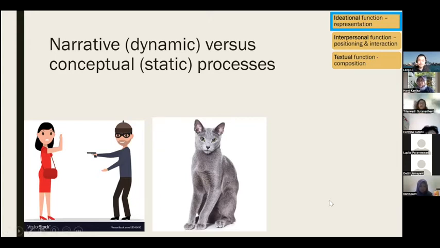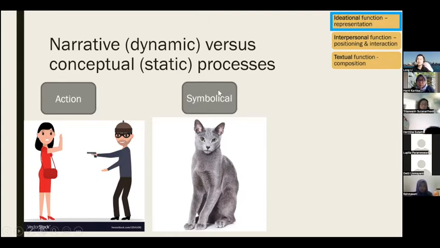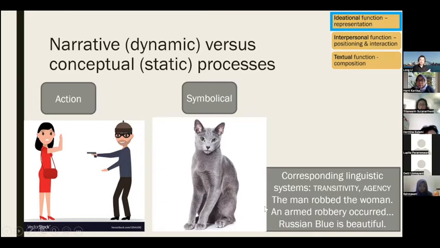And the good thing is that, so that's an action, and this is a symbolic picture, and we can also relate the images to linguistic resources. So we have systems such as transitivity and agency, which help us construe similar meaning using language. For example, the man robbed the woman, or an armed robbery occurred.